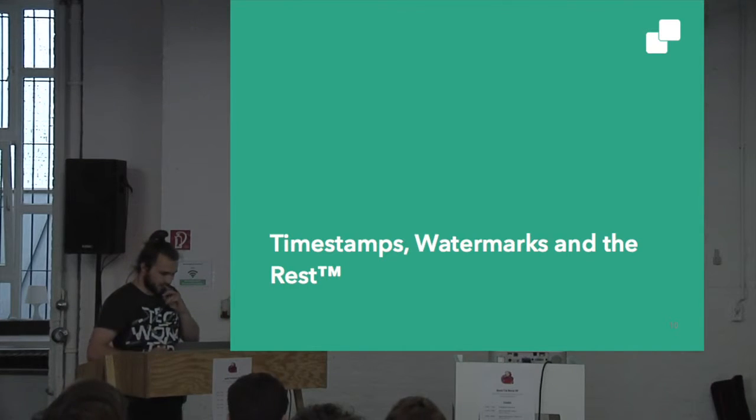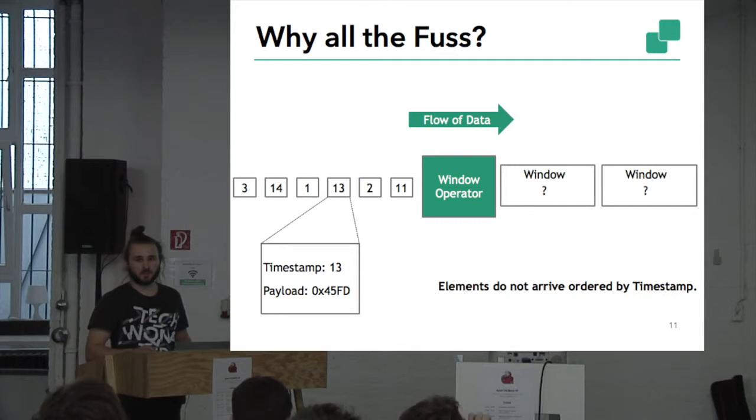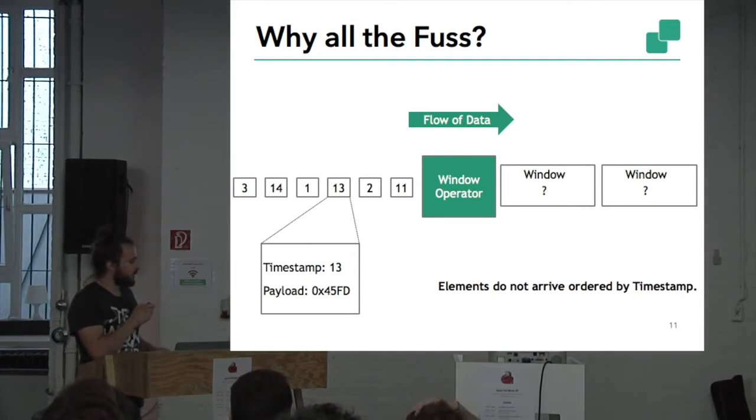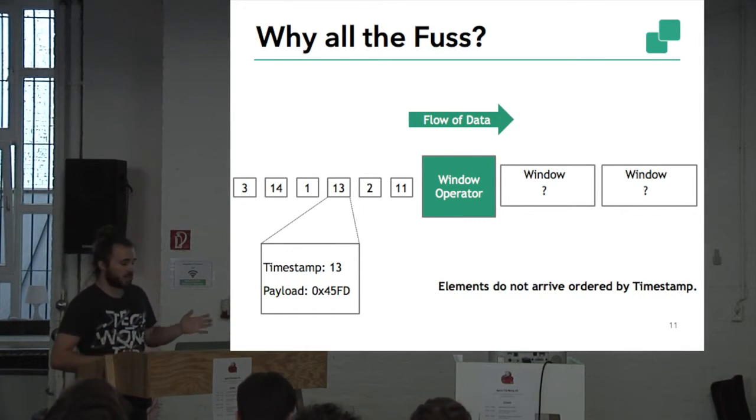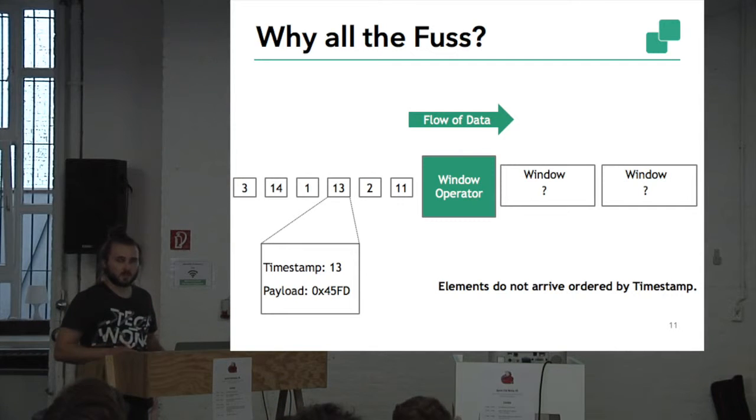Next bit is timestamps, watermarks, and what else goes along with this stuff. I'm going to explain what this is, but first we need some introductory stuff. So what is this about?